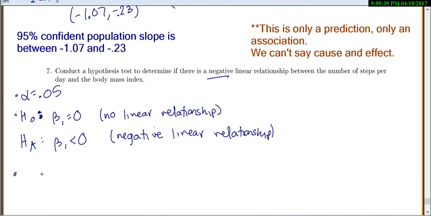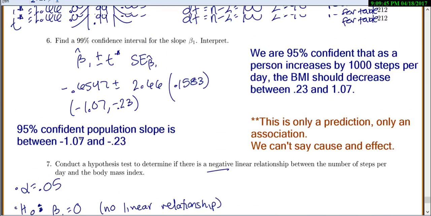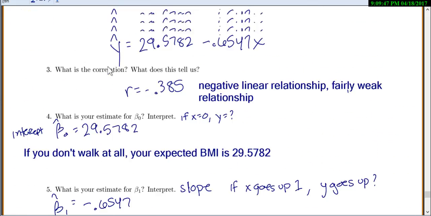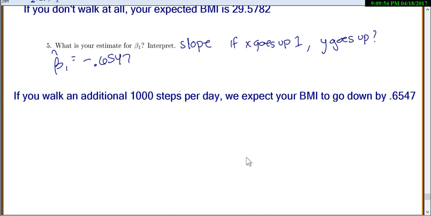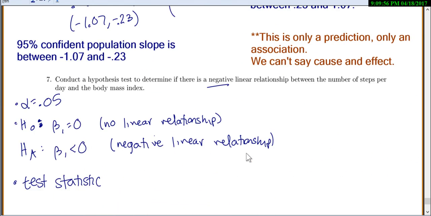Then we always need a test statistic. For the most part, you can just look at your chart and see what is our test statistic t for our slope. But I left this off to make you actually do it by hand.